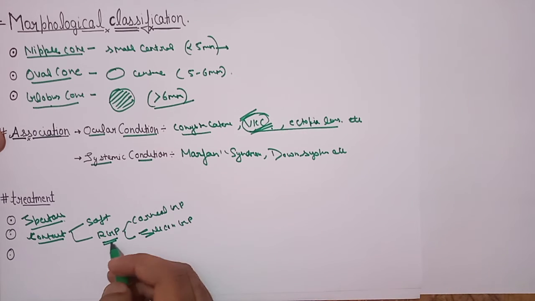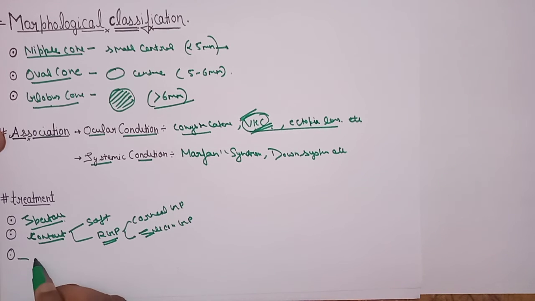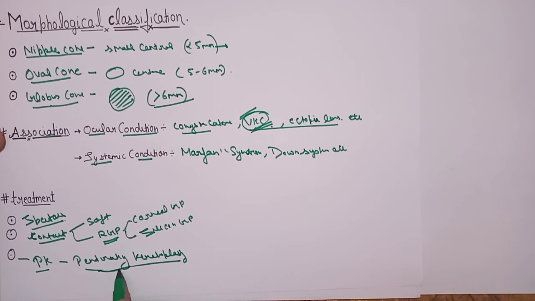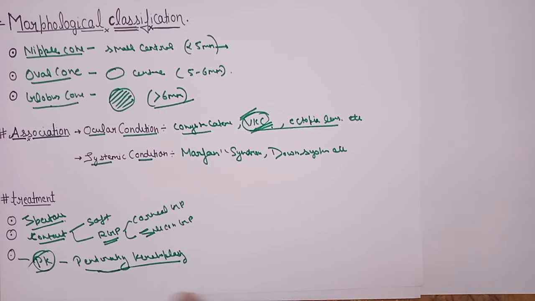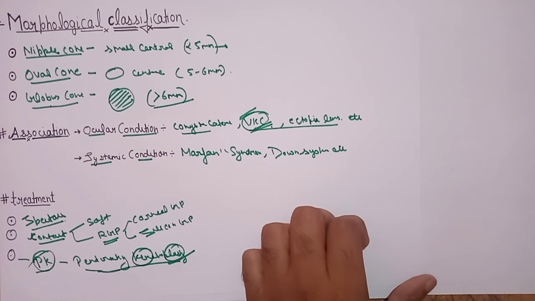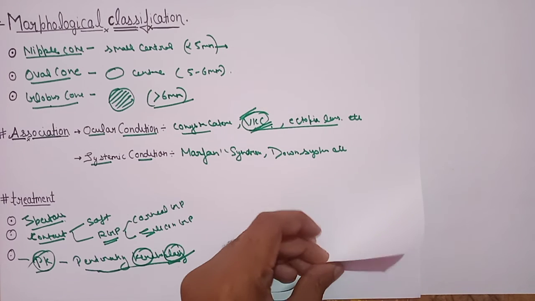The last one is PK, penetrating keratoplasty. In PK, kera means cornea, plasty means change, meaning we change the cornea.